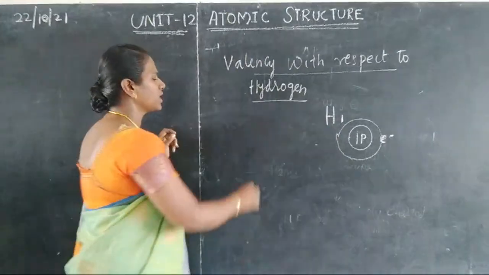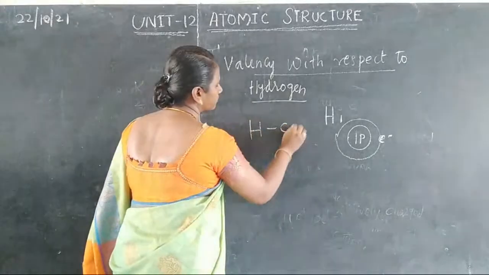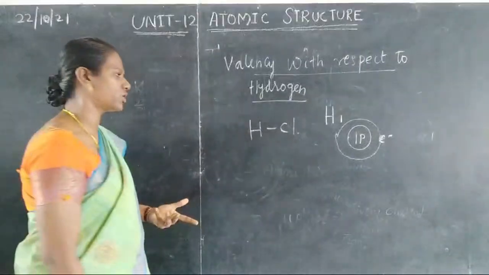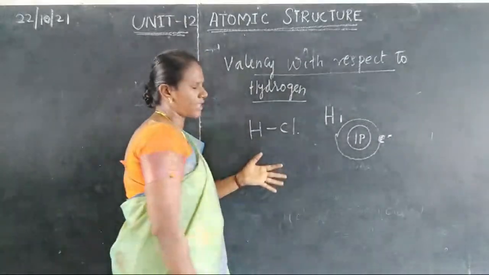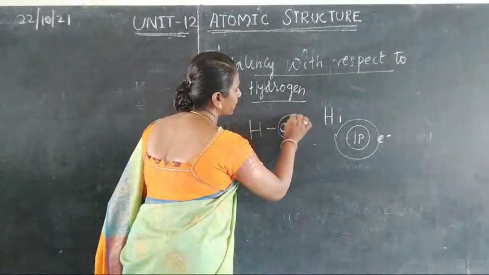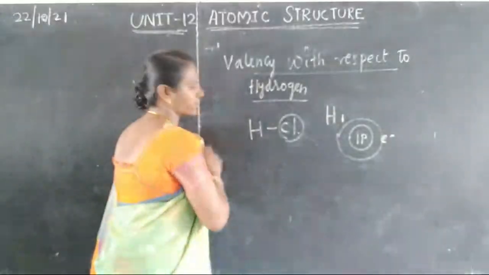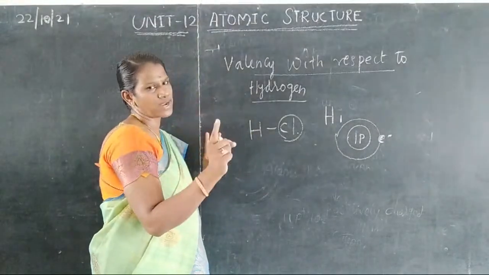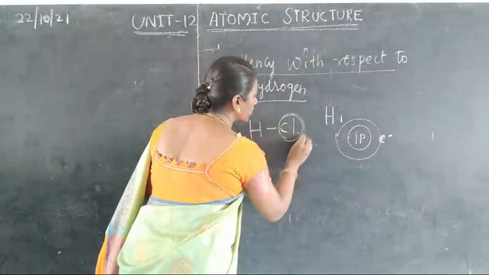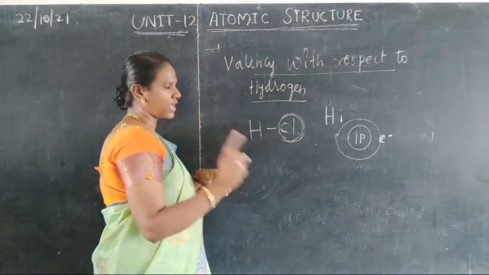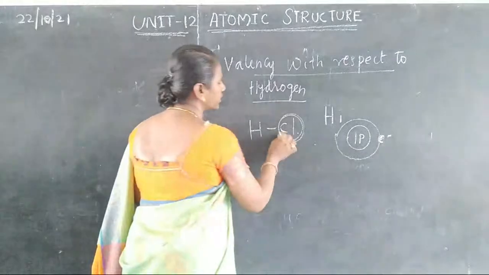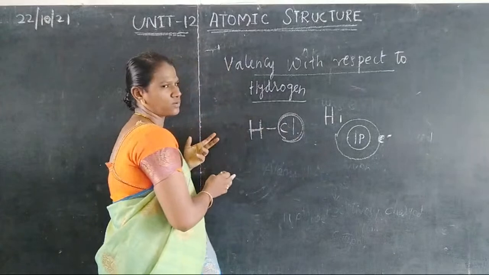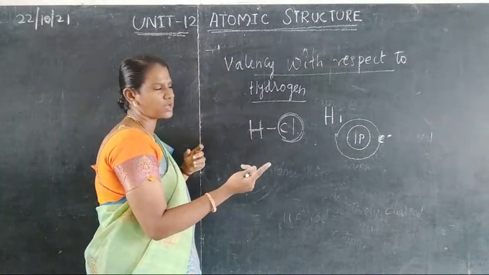For example, hydrogen and chlorine, the formation of the molecule hydrogen chloride. Here we can say that the valency of chlorine is 1. Why? Because hydrogen can combine with only one atom, since it has only one electron to share.